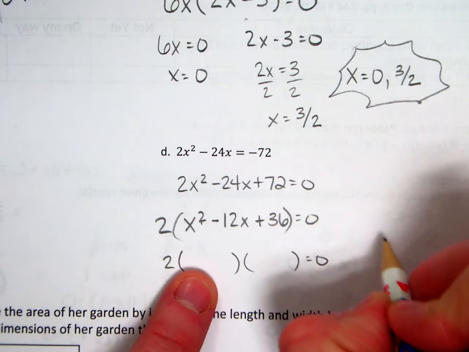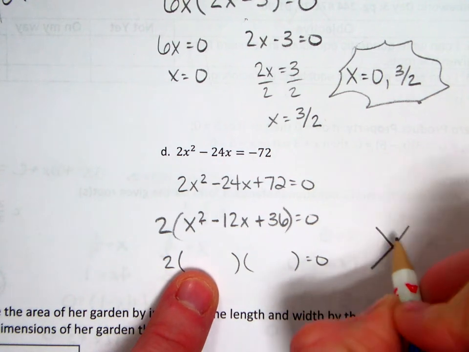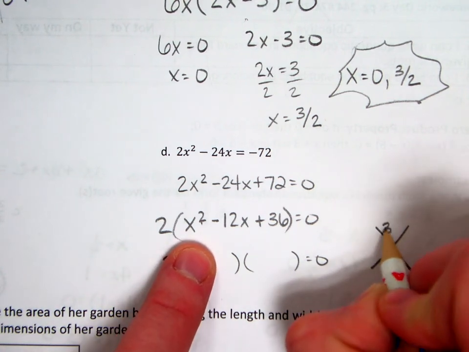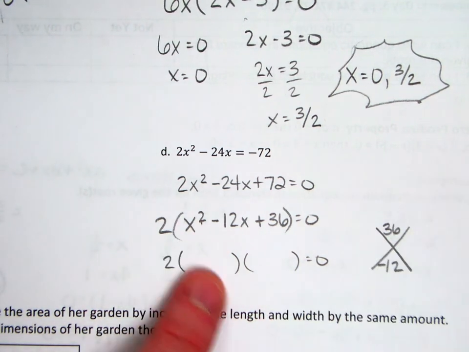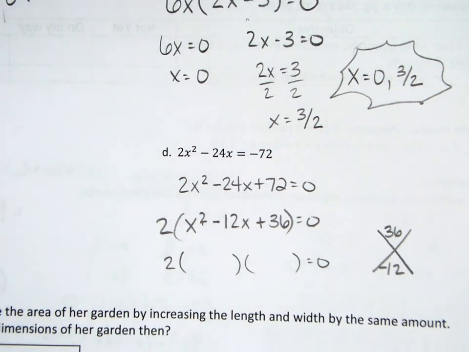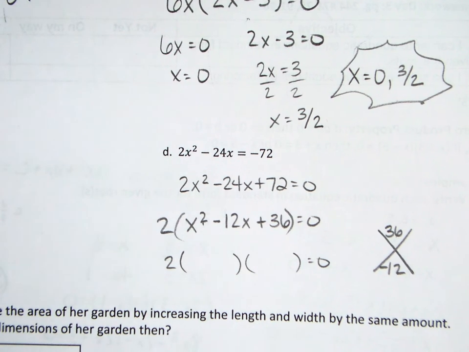So factors of 1 times 36, so 1 times 36 is 36, that added to be negative 12. The factors of 36 that add up to be negative 12. That is a great question.